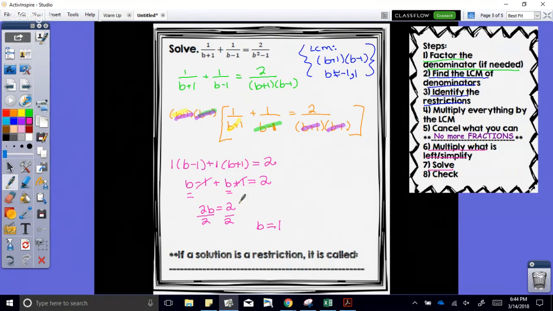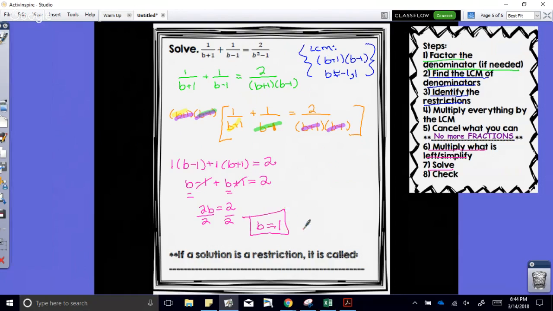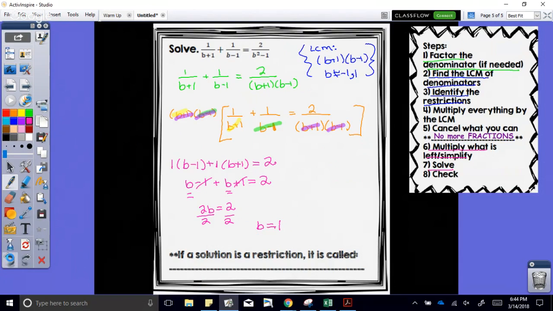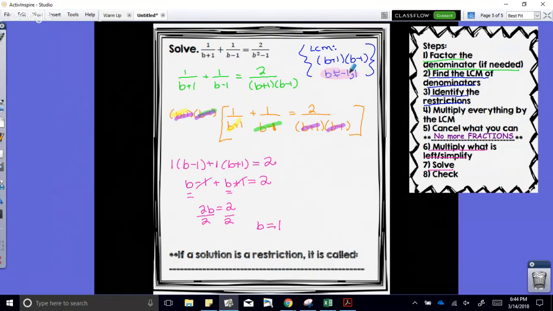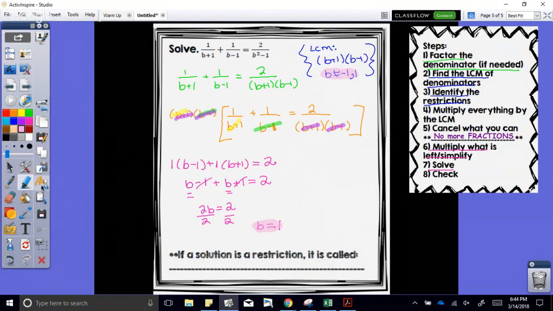A lot of times y'all will get going, and you will circle this and move on to the next problem. However, we said at the beginning of the problem, in my restrictions, that b could not equal 1, nor could it equal negative 1. But right here we have b equal to 1. So here's what we're going to put in this last blank at the bottom.